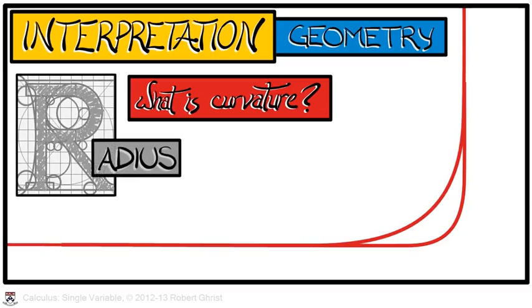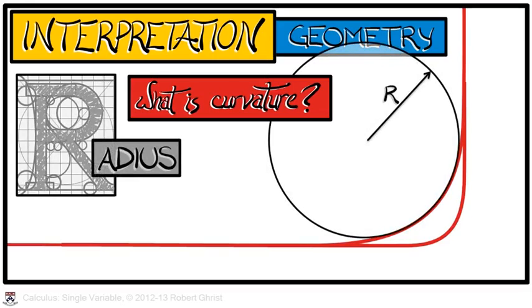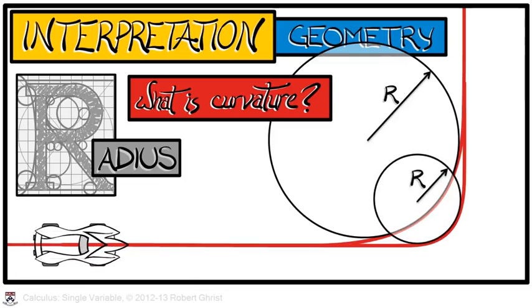Well, it seems from this physical explanation to have something to do with radius. If we had a circle that was tangent to our road, the point at which we're turning, then the radius r of that circle would seem to correlate somehow to the curvature that you feel as you go around. The smaller the radius, the higher the curvature.